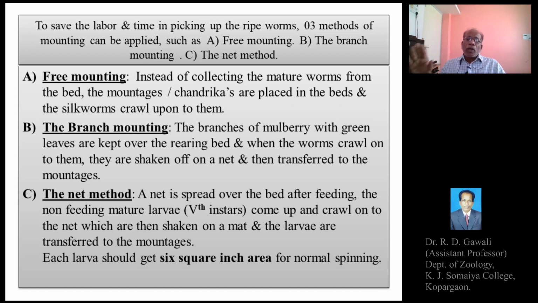So there will be a normal spinning by the fifth instar larva whenever we keep an equal distance between the larvae on the mount edges, and they can complete the spinning activity without any disturbance.